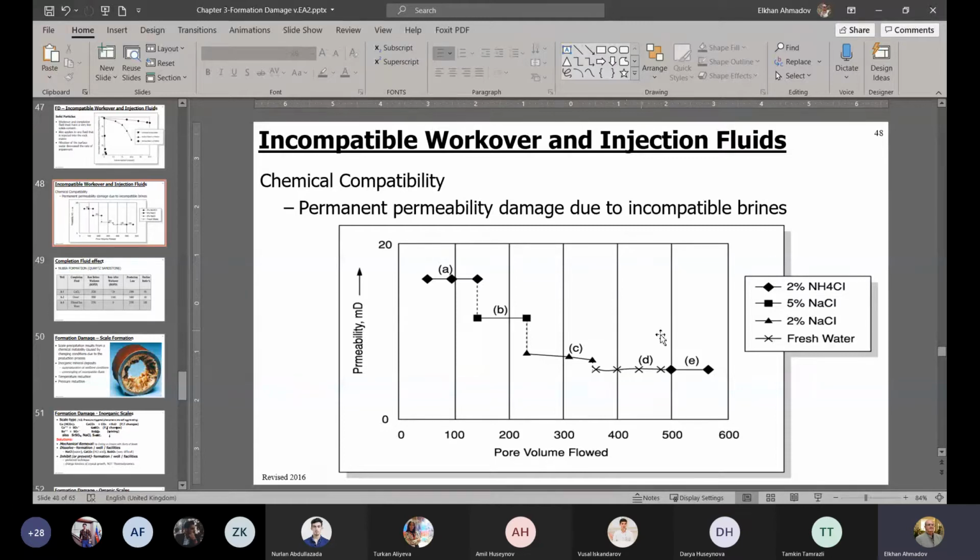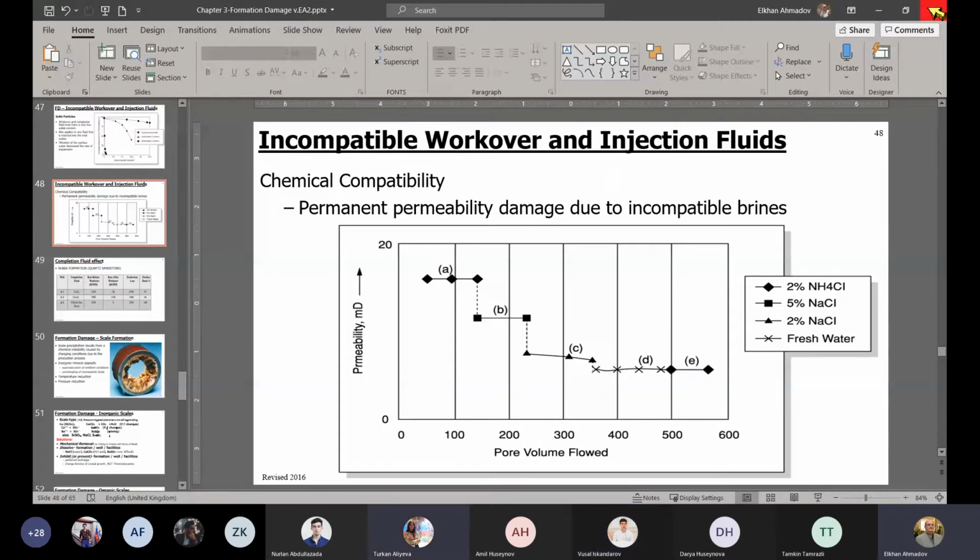To remove this, we have to go for other cost-effective remedy options, like matrix acidizing, sorry, acid wash or so. Okay, thank you, Ilham. You're welcome.